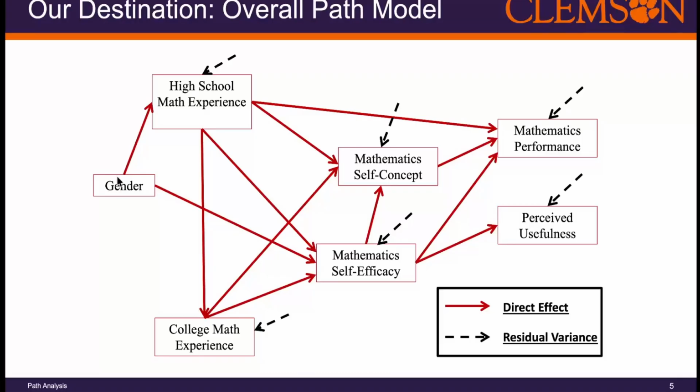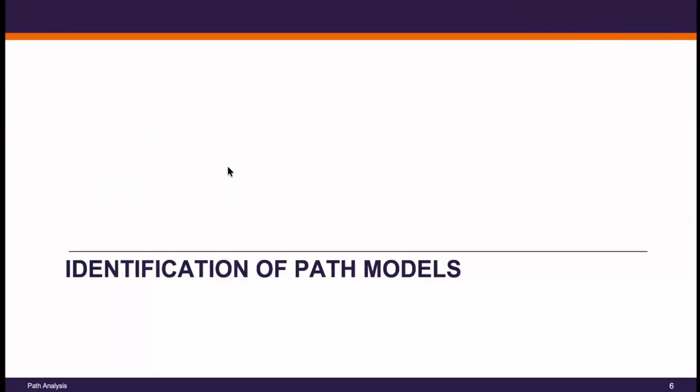In fact, it doesn't make a lot of sense to think of biological sex as a mediator in a path model, because there is a causal process for that. It's how each of us come to be in people. Anyway, let's move on. We're getting into the identification of path models first.